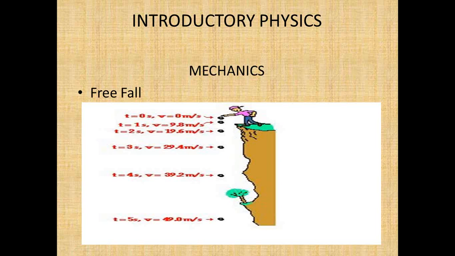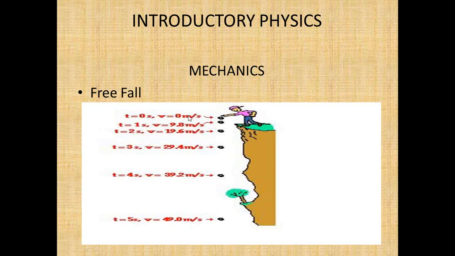Remember the acceleration is the change in velocity. It is 9.8 meters per second, which means every second the velocity is going to increase by 9.8. So at 1 second, 9.8; 2 seconds, 19.6; 3 seconds, 29.4; 4 seconds, 39.2; and then at 5 seconds, 49.0.